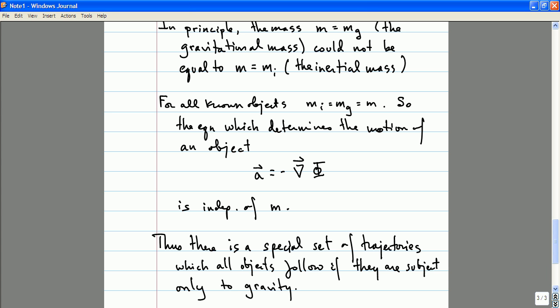Namely, they're found by solving this equation: the second derivative of the position is minus the gradient of the gravitational potential.